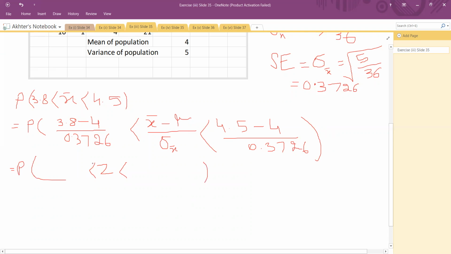The lower limit is equal to minus 0.536, and the upper limit is equal to 1.3416.